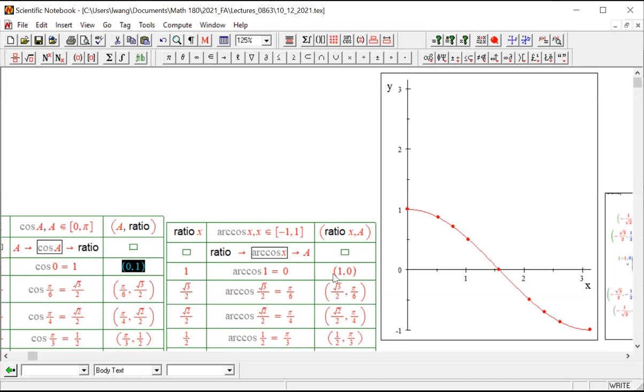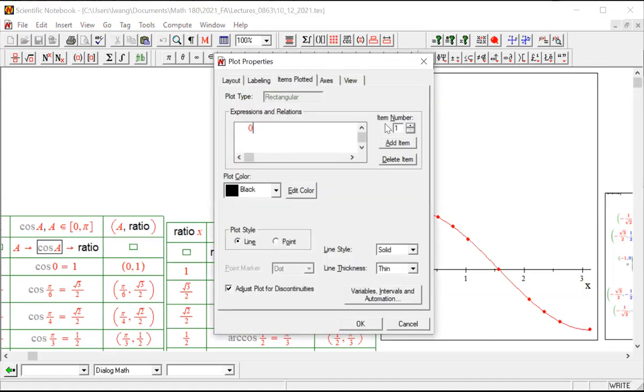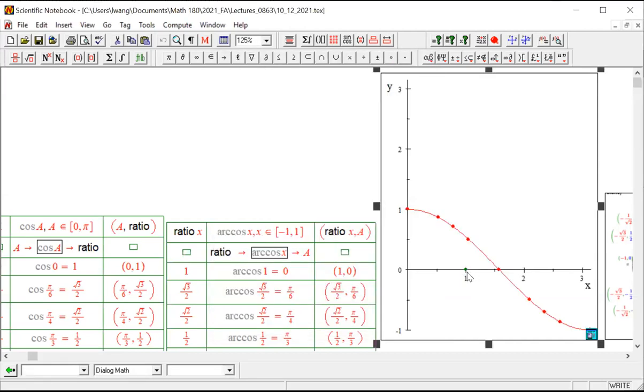When we swap, it becomes 1, 0. What will be the effect if I plot 1, 0 in green? Right there. You follow me? This is 0, 1, and this is 1, 0.